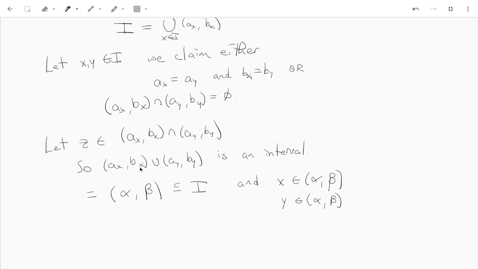So that implies that beta has to be less than or equal to bx, and alpha has to be greater than or equal to ax. But alpha is actually the minimum of ax and ay, so alpha is also less than or equal to ax.